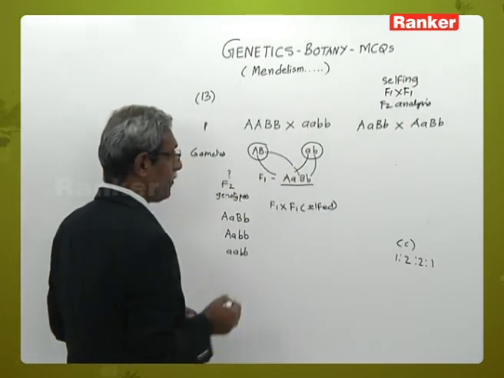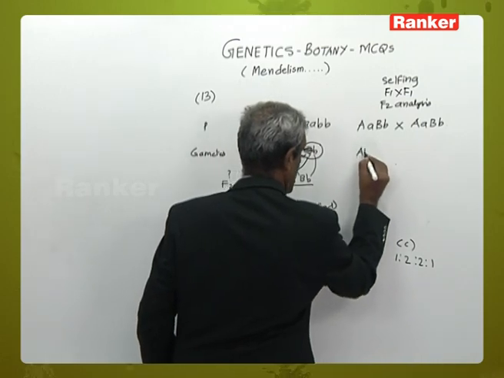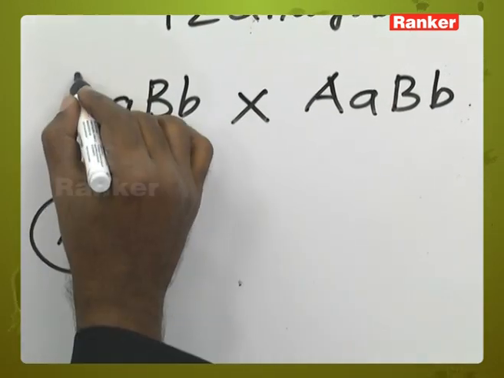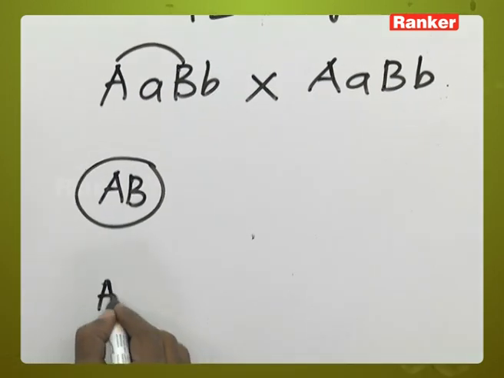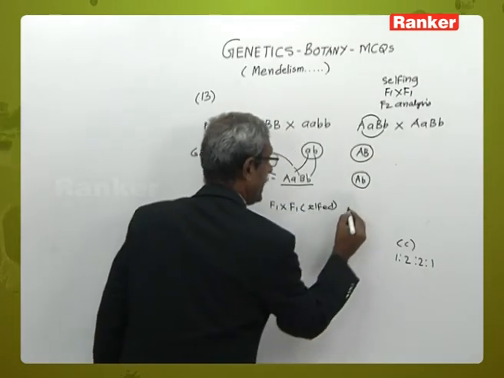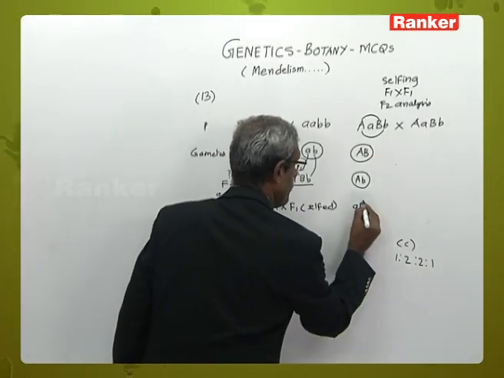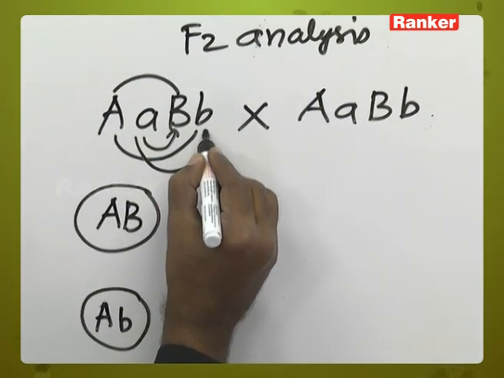So, when you take this sort of a combination, we understand we have a capital AB gamete on one side, then we have a capital A, small b gamete on the other side, then again we have a small a and a capital B, and again we have a small a and a small b.